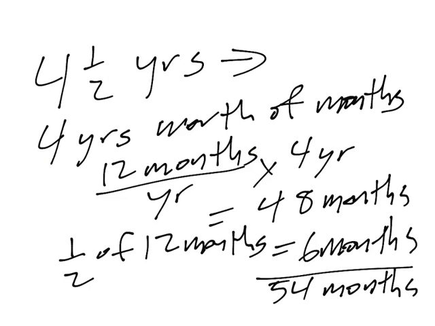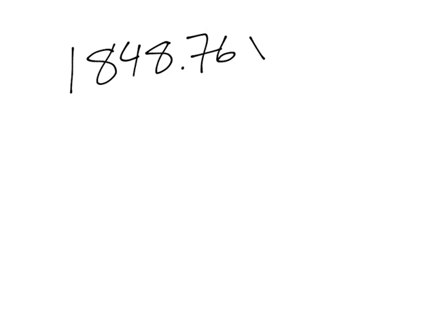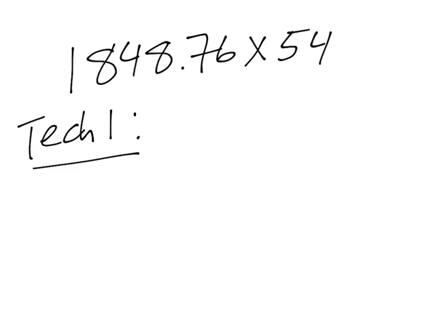So basically, you're going to be paying $1,848.76, 54 times. And we're going to try to estimate this, first using Technique 1, and see what that's like and how we can analyze the answer.